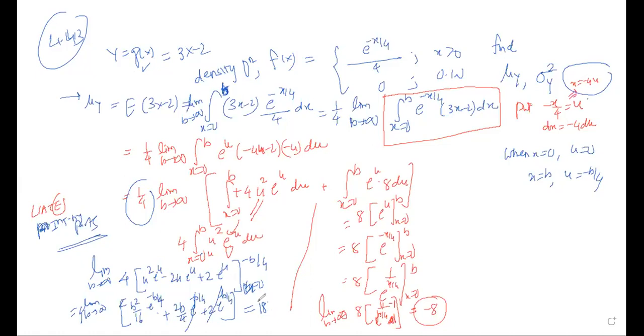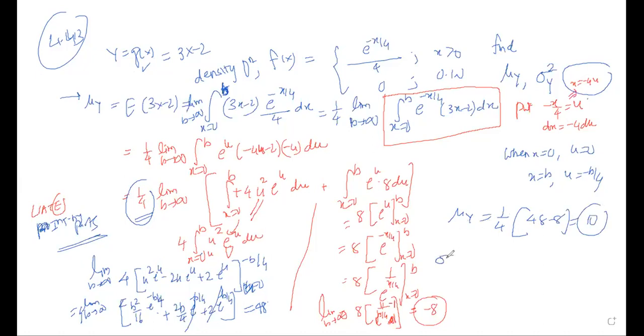So 48 minus 18, yes. So naturally my nu of y, that is equal to 1 by 4, don't forget this part, 1 by 4, and here it is 48 minus 8, so that is equal to 10. So that is my nu of y.